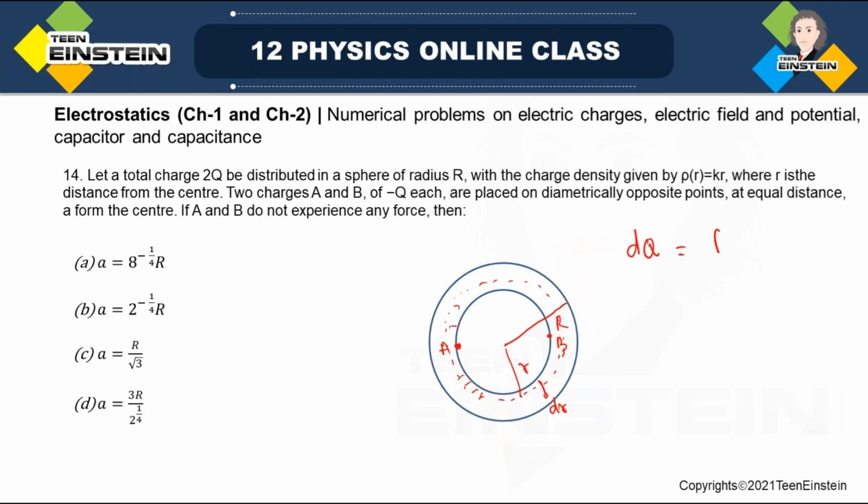We can find out rho r into the volume of this cell. Since it is a solid sphere, the cell also will have a volume. So what is the volume of the cell?